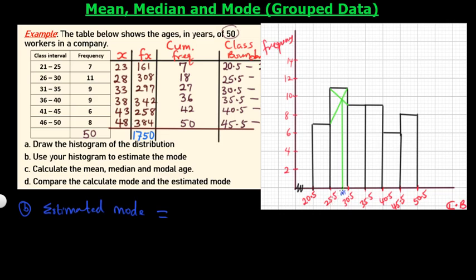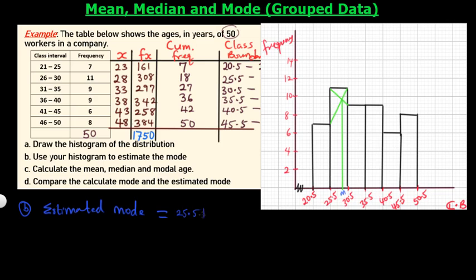Let's start again. Remember that each of the tiny boxes here is 1.1. So if I say 1.1, this is with another one, 2.2, and 3.35 is in the middle.